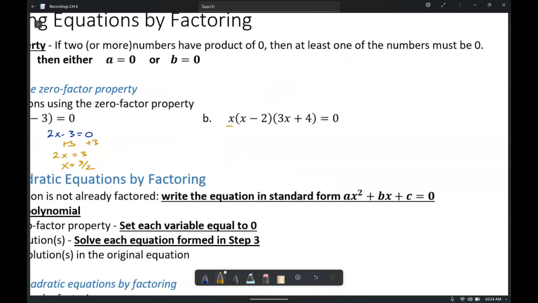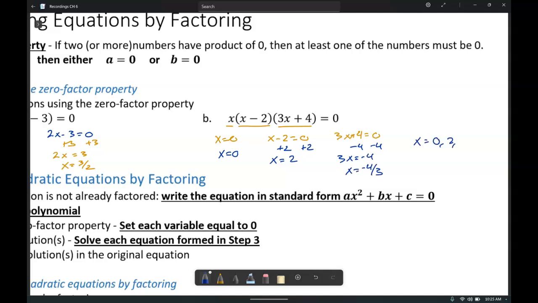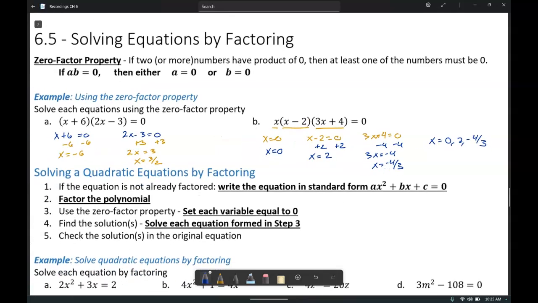Here we have three factors, x, x minus 2, and 3x plus 4. We can set all of these factors equal to 0. So x equals 0, 2, or -4/3.